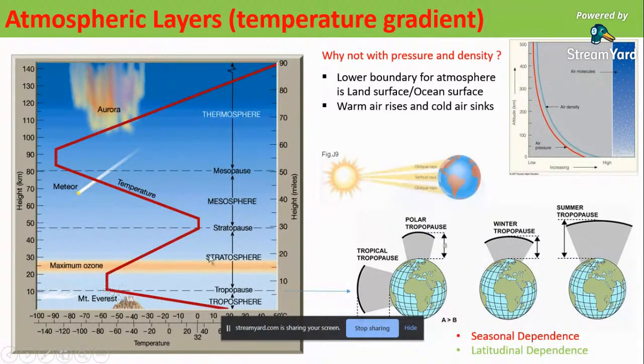Most of the energy for the atmosphere also starts from the lowest part, the Earth's surface. Thus, most of the things happen there. 90% of whatever atmosphere we see will be within the troposphere. The troposphere contains about 75% of all of the air in the atmosphere, and almost all of the water vapor.